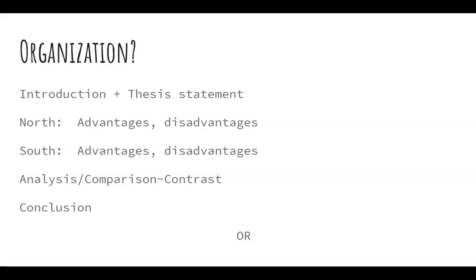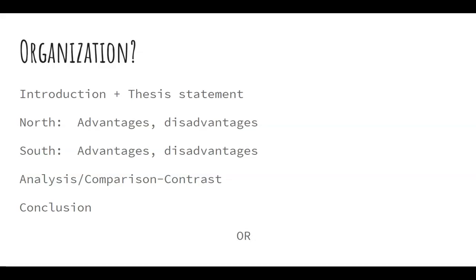You can organize it like this: an introduction and thesis statement in your first paragraph. Then you can cover the North, the advantages and the disadvantages. This is just an example for that topic. If you've got another topic, you can organize it however you want.